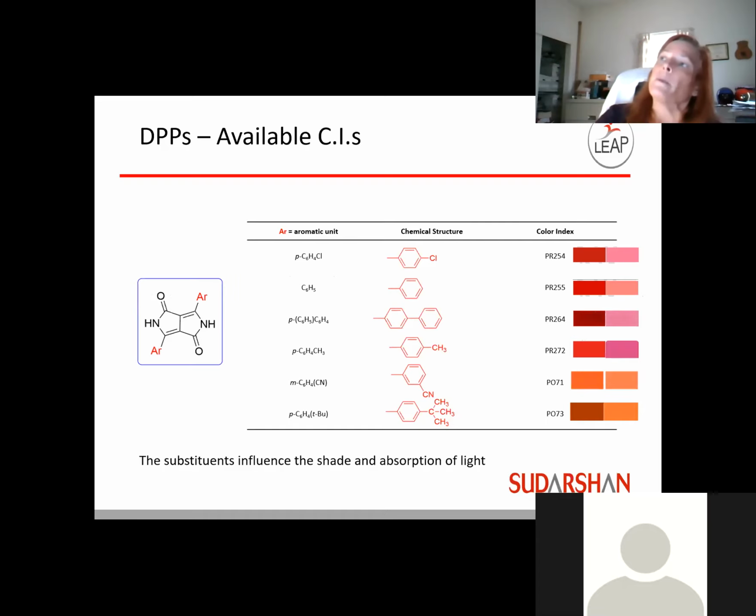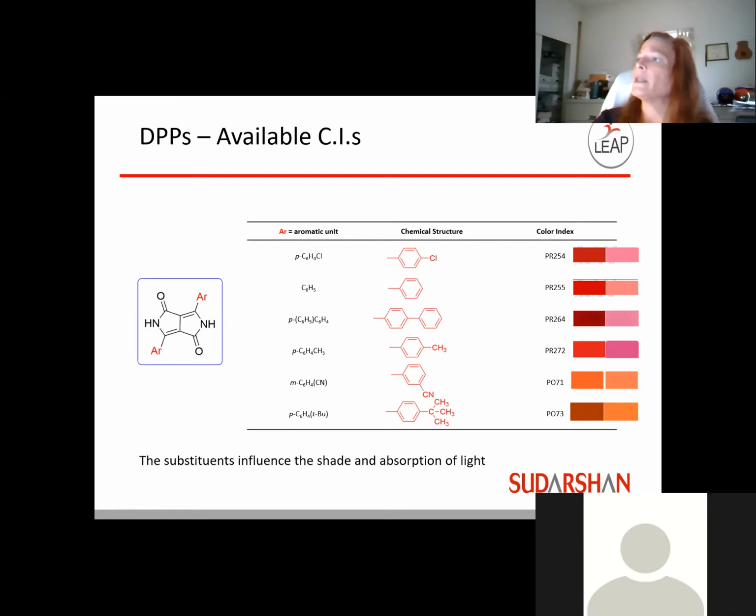For the DPPs and the available color indexes that we'll talk about today during this presentation, I thought this slide was a very good one to have on hand as a good summary of the chemistries that are available and what makes them unique with respect to their chemistry.